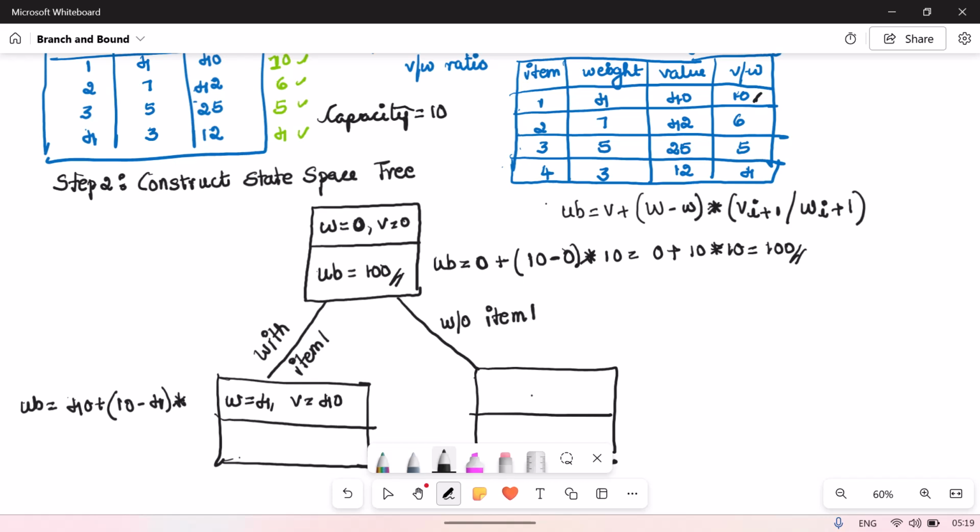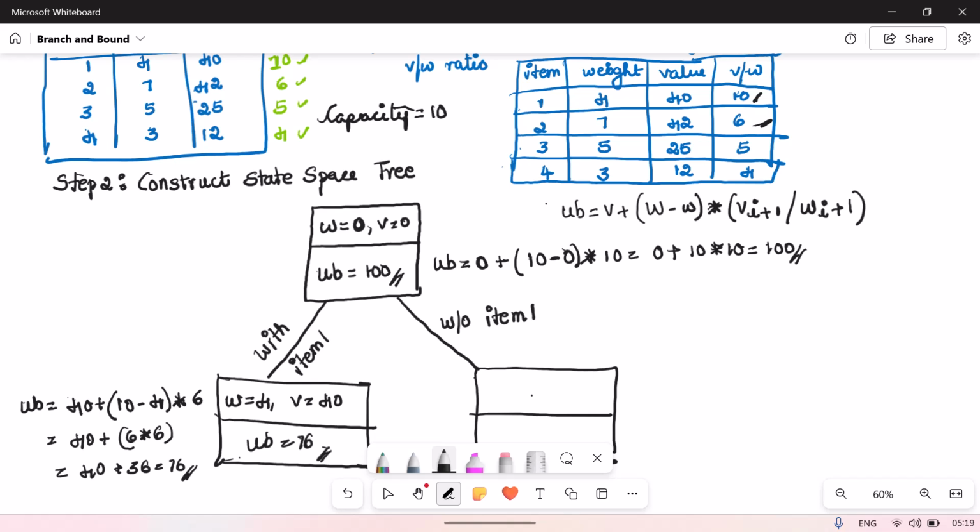Because I'm considering the first item, value over weight ratio will be of the second item. So 6. Okay, so it will be 40 plus 6 times 6. You will apply the BODMAS rule. So it will be 40 plus 36, which is equal to 76. So upper bound is 76.